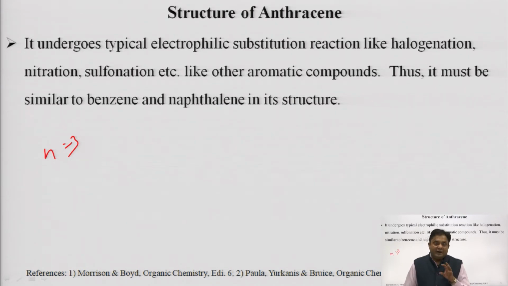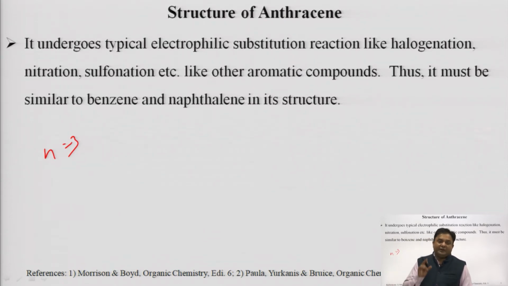Each carbon has 4 valencies; 3 valencies are satisfied by overlapping with 1 hydrogen and 2 neighboring carbons. 1 valency remains. That is an unhybridized p orbital, which is perpendicular to the plane of the anthracene, and it has an unshared electron on it.